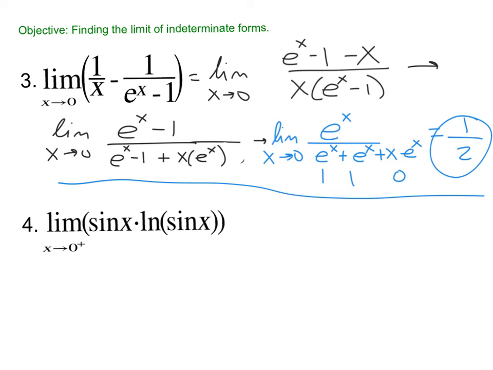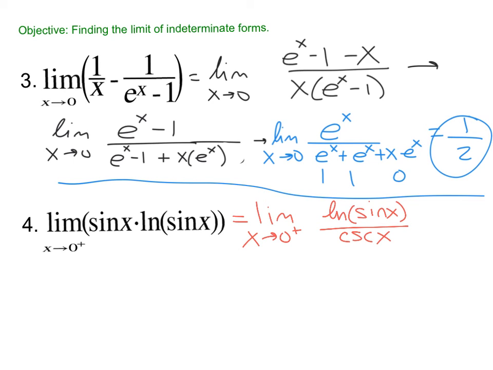So when you're using L'Hopital's rule, like I said before, it has to be a fraction. So what I tried to do was move ln of sine x to the denominator, but that did not work. So I need a fraction. So I'm going to try it again. And I'm telling you this just so you know, sometimes you have to just try different things. So I'm going to turn that sine into cosecant so we can go on the bottom.